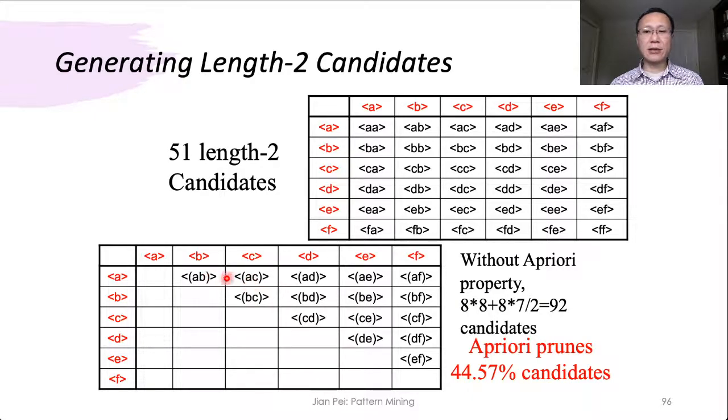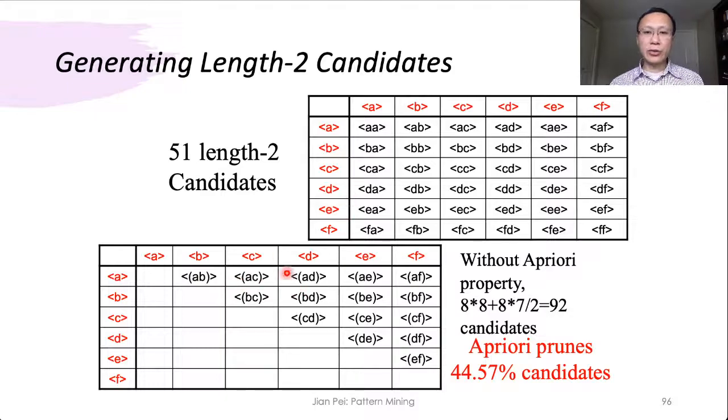And you can see here, we only need the upper triangle to record all the new candidates. Because we have 6 length 1 sequential patterns here, we have in total 6 times 5 divided by 2, which is 15 new candidates.